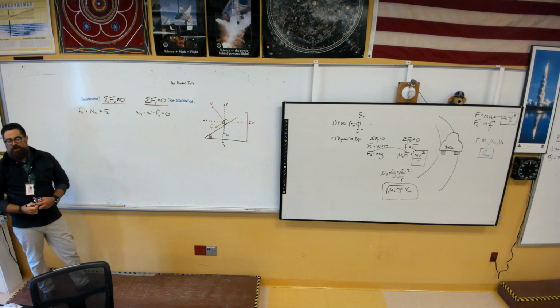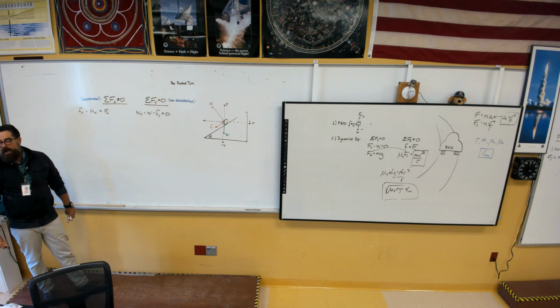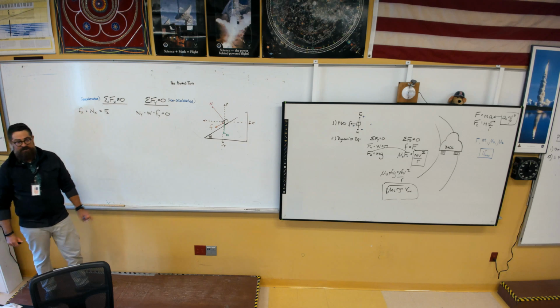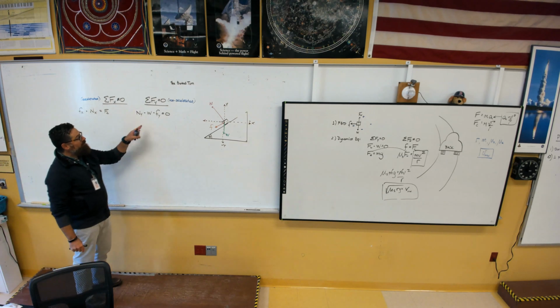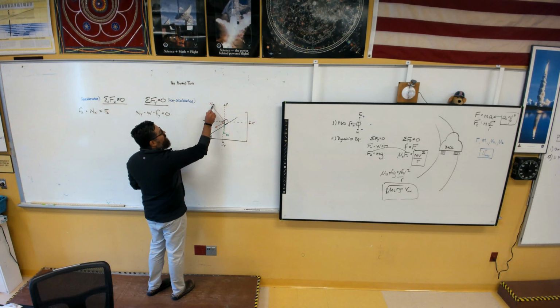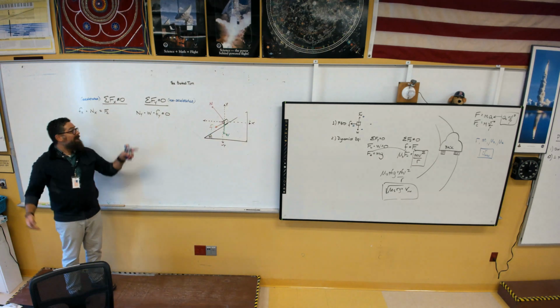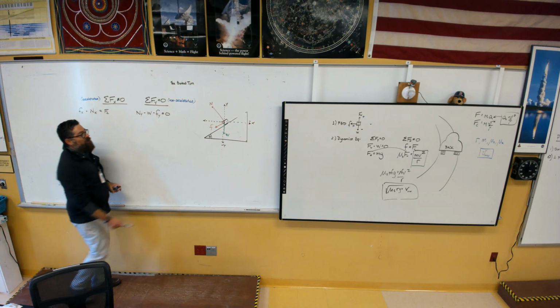Okay, I've written some starting points. It's going to get more complex shortly when we try to resolve these vectors into their components. But you should be able to look at the free body diagram and say, okay, the y component of that normal force is in the upper direction, so I'm going to write that as N sub y. I know that the weight vector is in the negative direction.